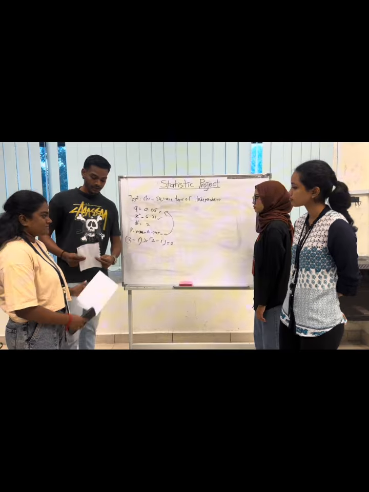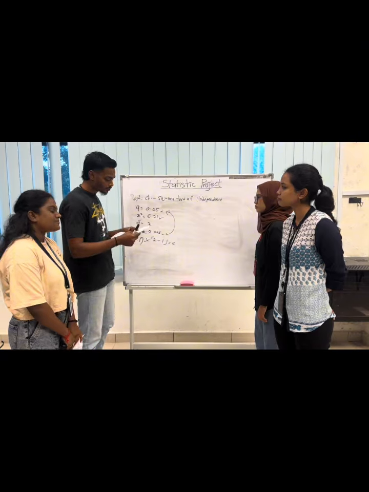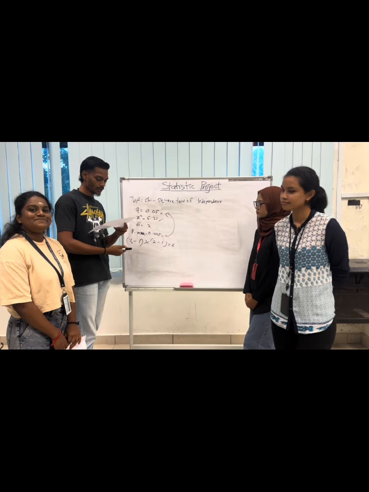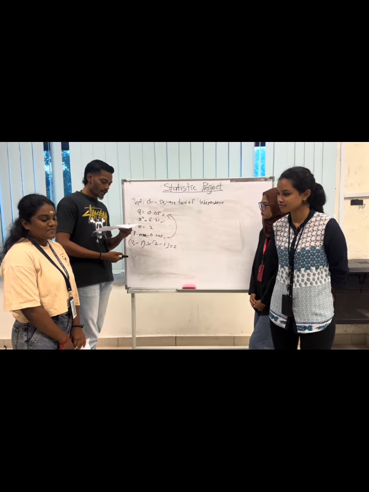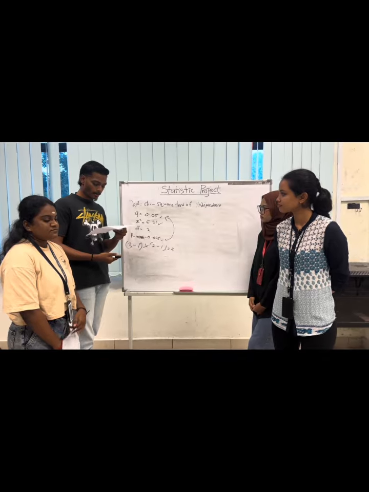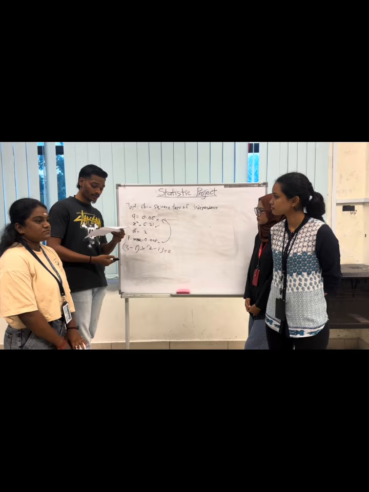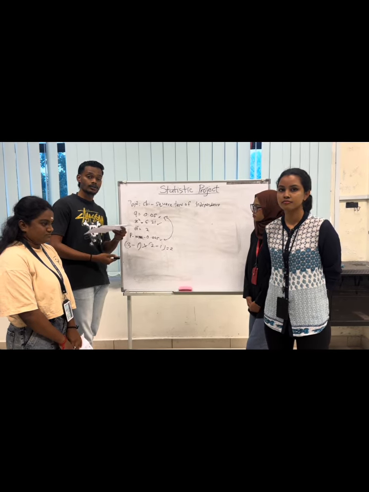So here is the conclusion of this project. Based on the statistical analysis conducted, the chi-square test of independence was used to examine the relationship between diet type and disease resistance. At the 5% significance level, the test results show there is sufficient evidence to conclude that diet type and disease resistance are associated.